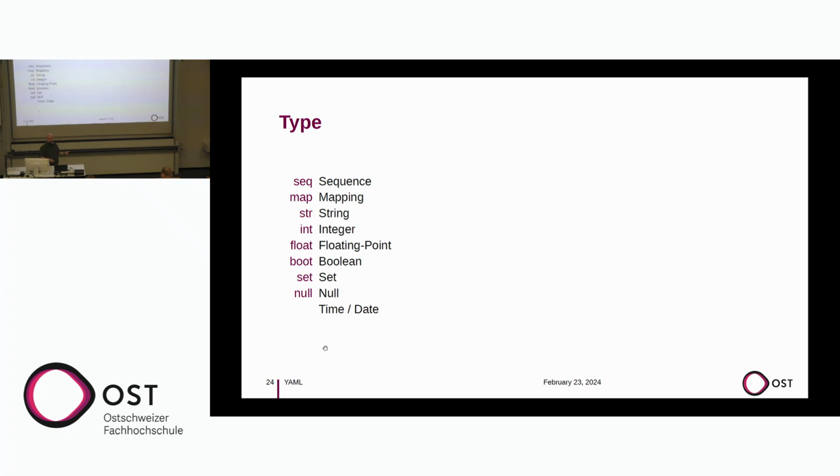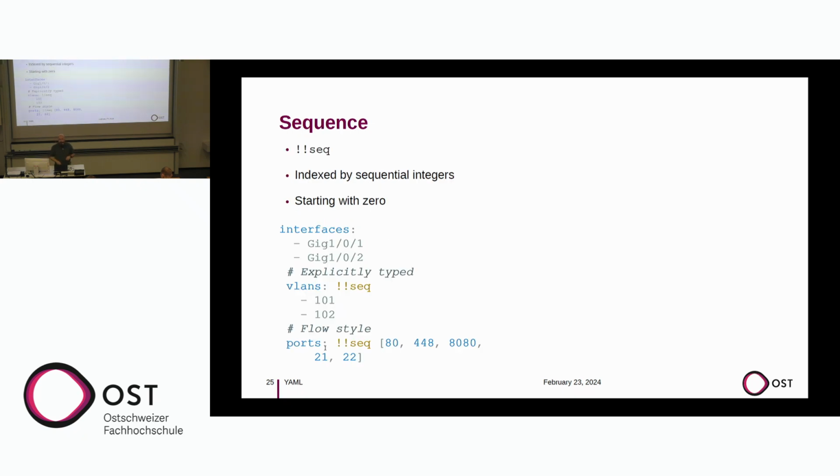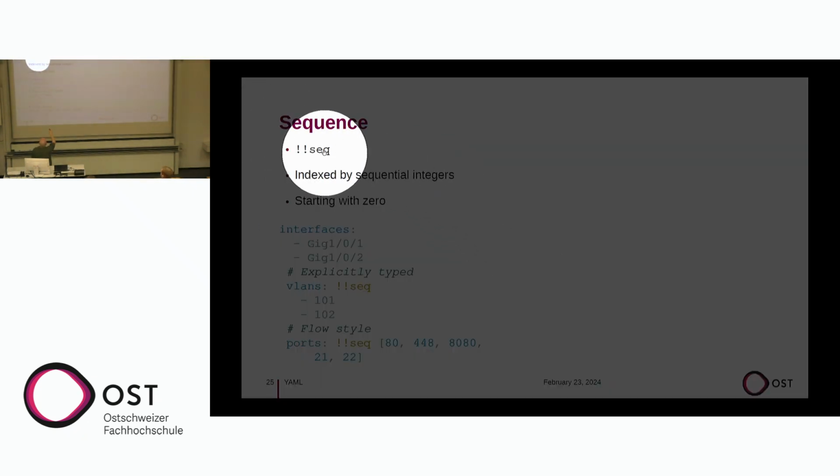We have sequence, already seen, map, string, integer, float, boolean, set, null, and time date. Here we will have also some differences between version 1.1 and 1.2. Sequence, what we always can use is the explicit style to say this is a sequence.